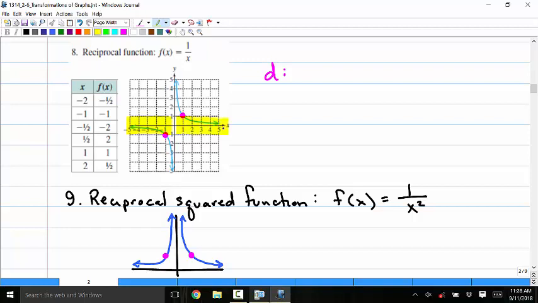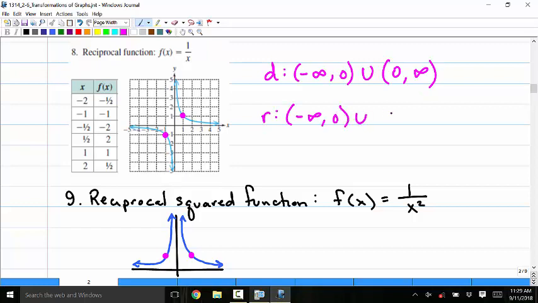So how do we say that? Up to 0, but it's a parenthesis because you don't include it. Union. Start again at 0, but don't include it, and go up to infinity. And for the range, same thing, you agree? Because when you're coming in on the range, all these y values are good, but you can't do 0, and then you pick back up for all of those values.